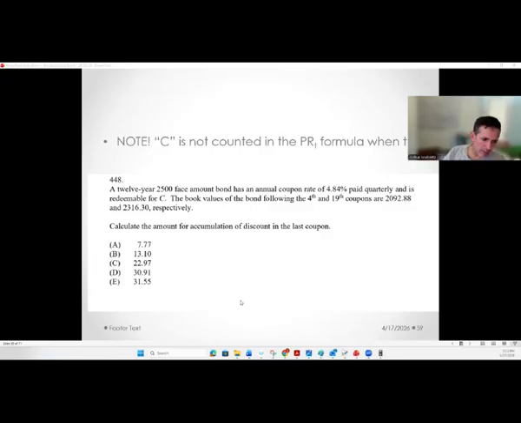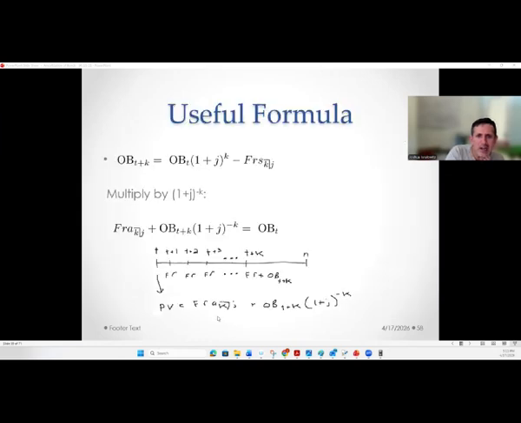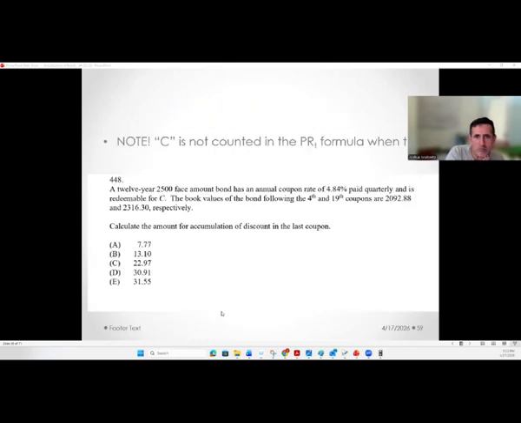So similar to before, we're just going to write down what we're given. And this is great because we're given a lot of information here. We're given the coupon rate, face amount. We're given N is 48, 12 times 4, because remember, periods are every 3 months. That's what quarterly means.